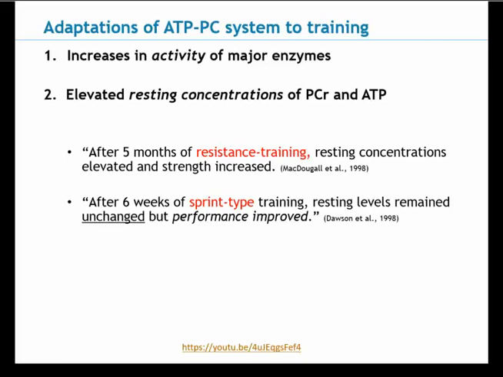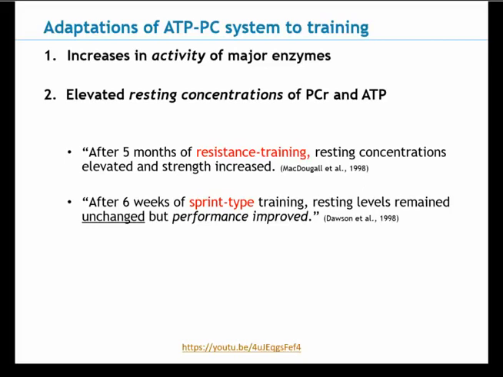They found a decrease in 40-second sprint time, meaning we can run a 40-second sprint faster, and improved repeat sprint ability by 2%. They did 6 40-meter sprints with 24 seconds of rest. That was the protocol they used, and performance did improve without a significant increase in ATP or phosphocreatine.